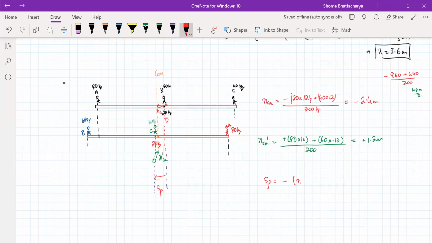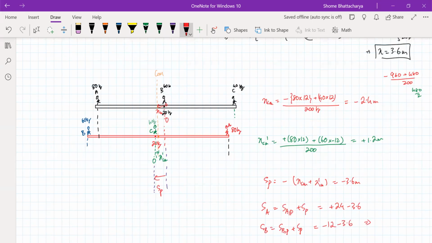So it is moved by minus 3.6 meters. So therefore now I can see what is the displacement of A? It is the displacement of A with respect to the plank plus the displacement of the plank. So that is plus 24 minus 3.6. What is the displacement of B? It is the displacement of B with respect to the plank plus the displacement of the plank. That is minus 12 minus 3.6.